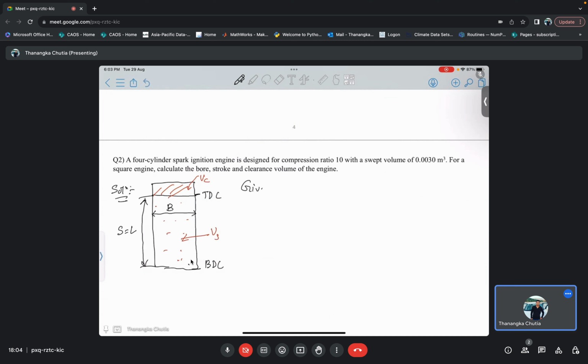Given: compression ratio is equal to 10, and Vs is equal to 0.0030 meter cube.